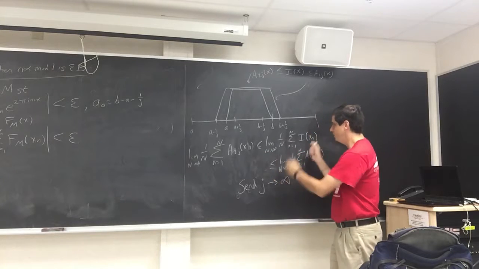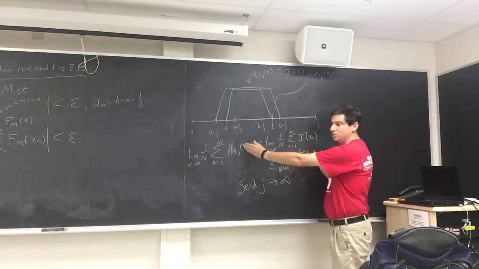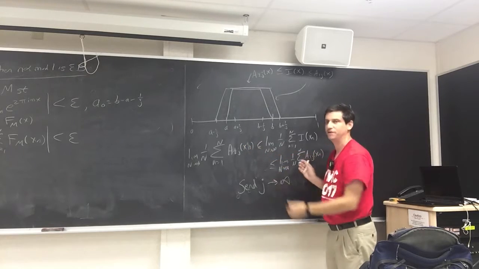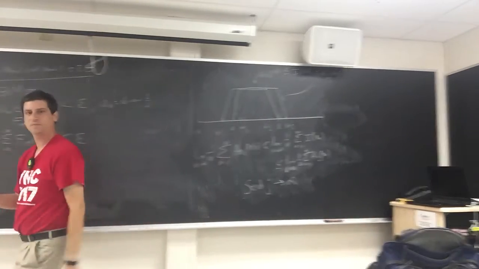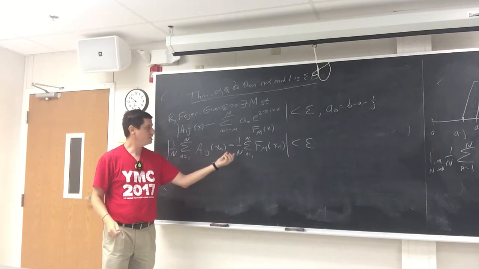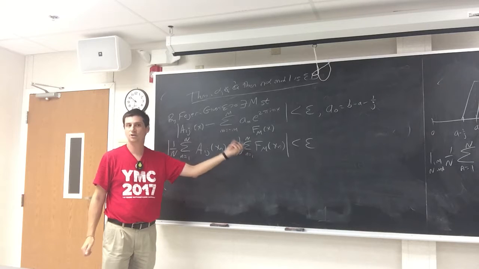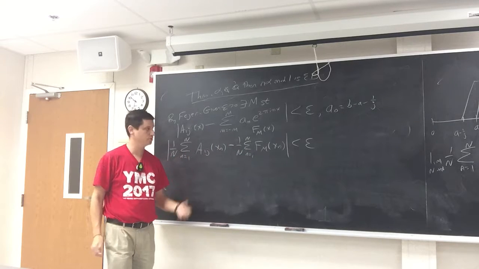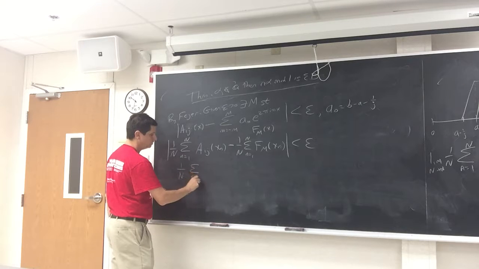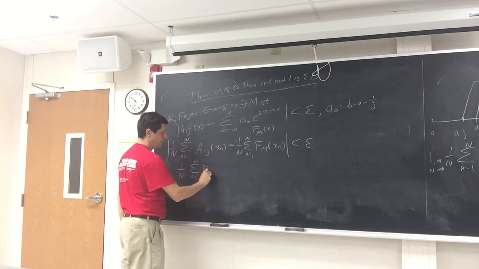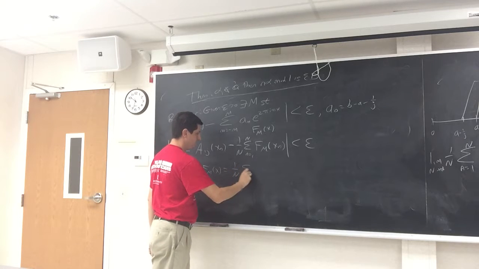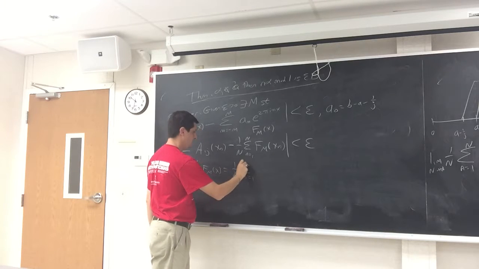So the idea is we first started with I, we replace it with these functions which are easier to work with, and then we replace these functions with Fourier series. And so there'll be a Fourier series for each a. And what's nice is these Fourier series are just formed with exponentials. So 1 over n, the sum n goes from 1 to n of fm of x is 1 over n, the sum n goes from 1 to n.